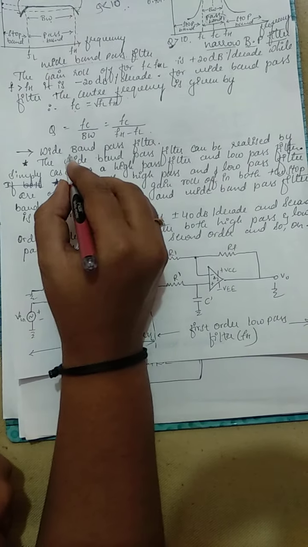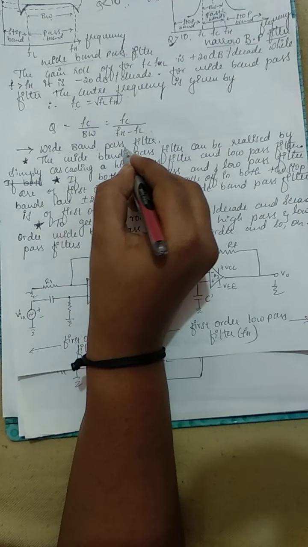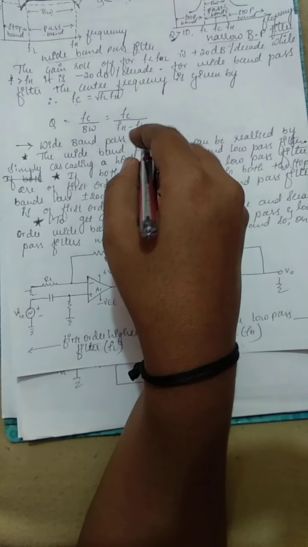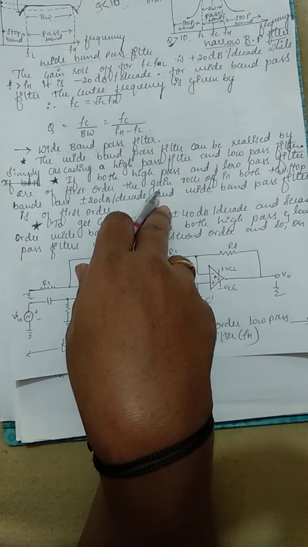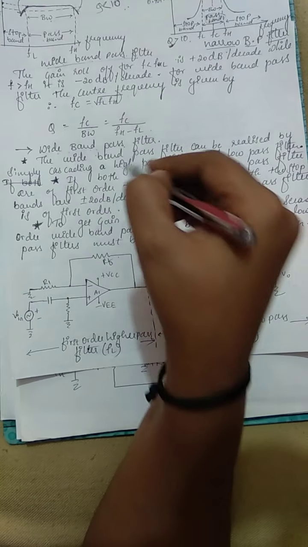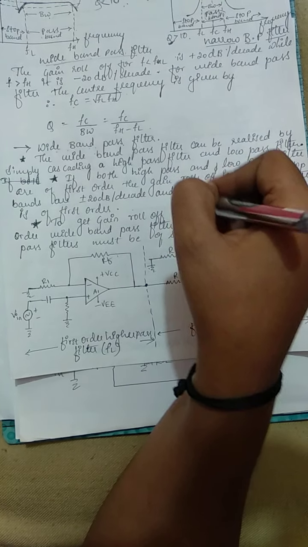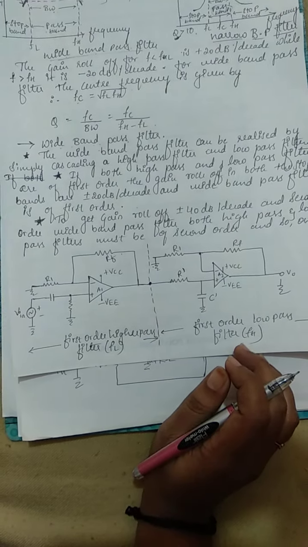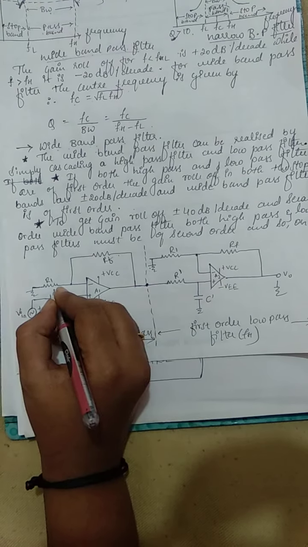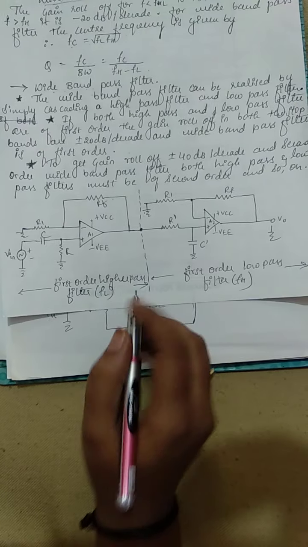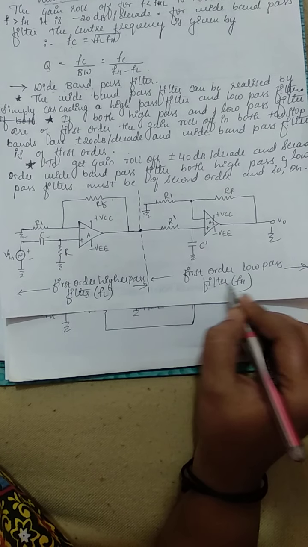So next comes the wide band pass filter. Under the wide band pass filter, as we have studied, we constructed the first order high pass filter and second order high pass filter based on the first order low pass filter by changing the position of the elements R and C. This is a first order low pass filter.